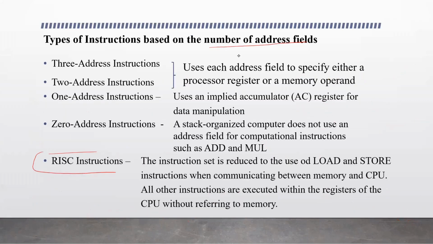So now, the types of instructions based on the number of address fields are 3 address instructions, 2 address instructions, 1 address, and 0 address instructions. The 3 address and 2 address instructions use each address field to specify either a processor register or a memory operand.